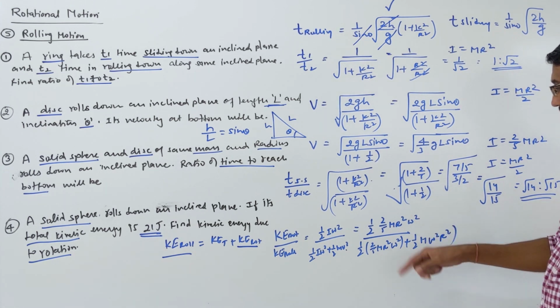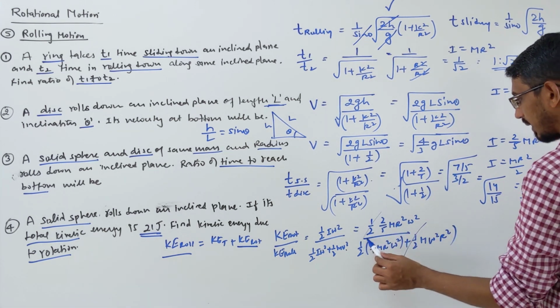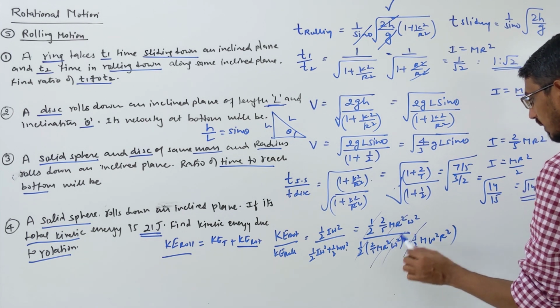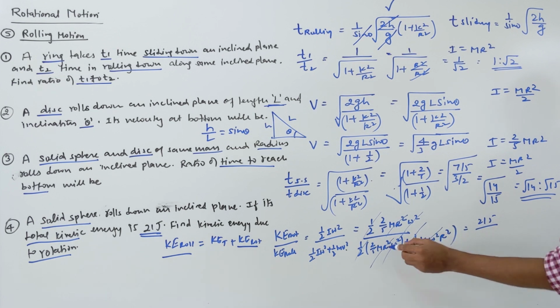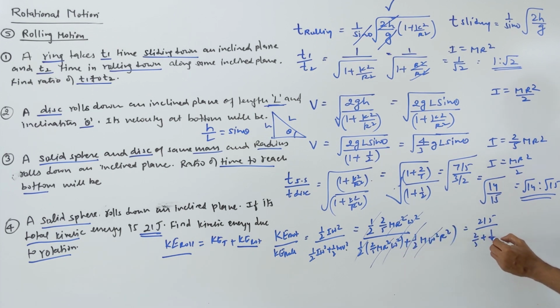Half gets cancelled, m r square and omega square also get cancelled everywhere. What remains on top is 2 by 5, down remaining 2 by 5 plus 1 by 2. Now the half you have cancelled, so 1 remains. So this becomes 2 by 5 over 7 by 5, and the answer becomes 2 by 7.